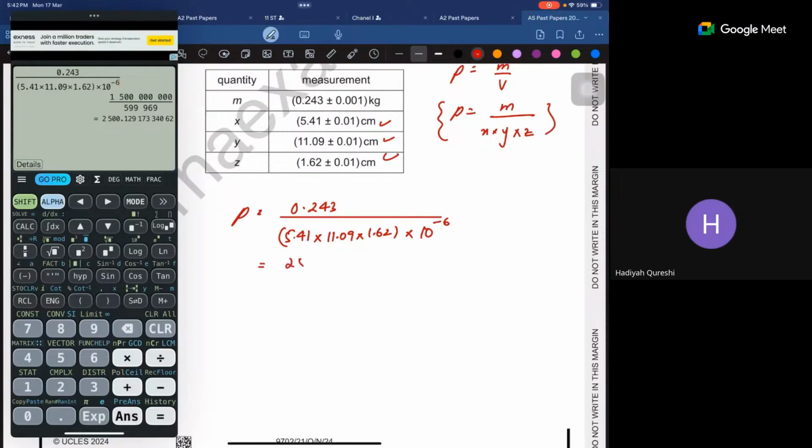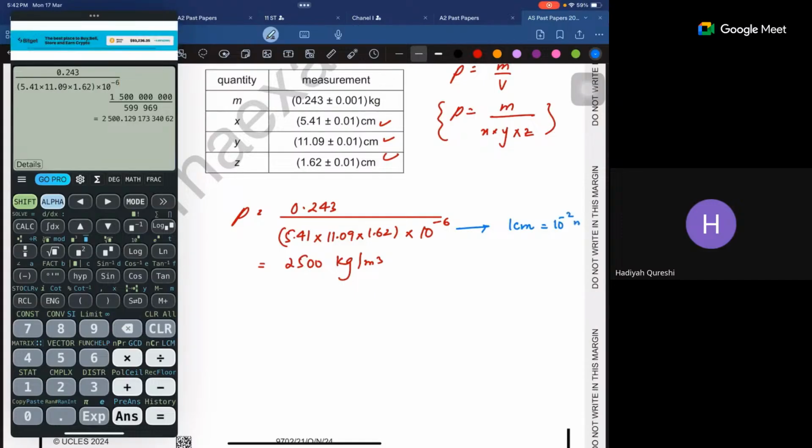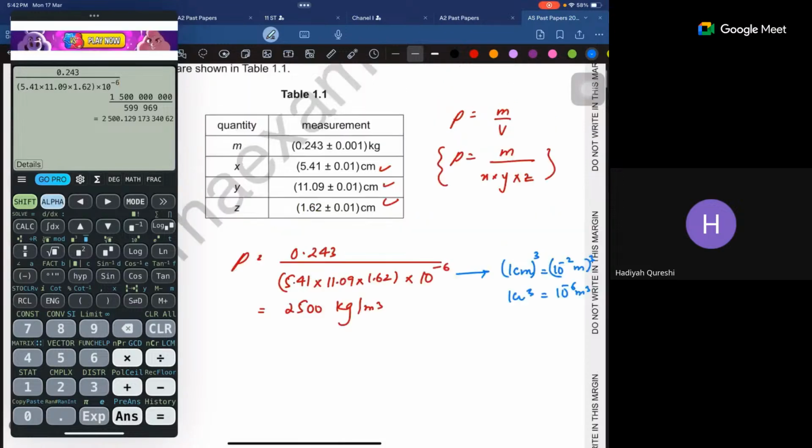So this is going to be 2500 kg per meter cube. The only reason I did this is because 1 centimeter equals 10 raised to power minus 2 meter. So if I'm converting centimeter cube, you have to cube it. So 1 centimeter cube is 10 raised to minus 6 meter cube. Either you can remember this or individually do that.